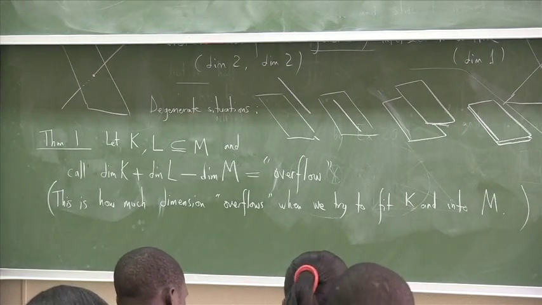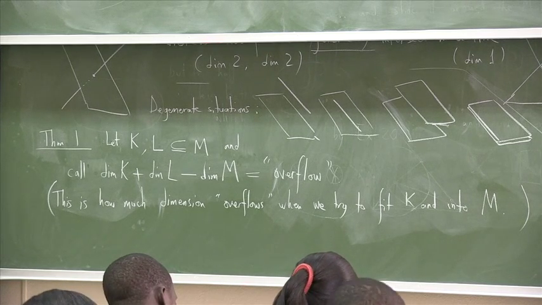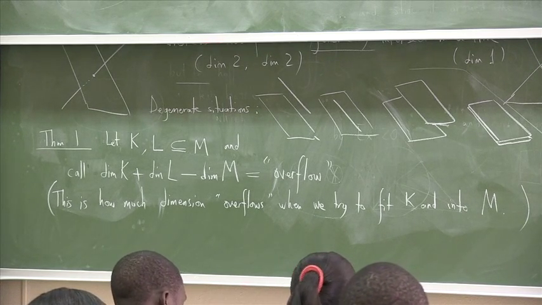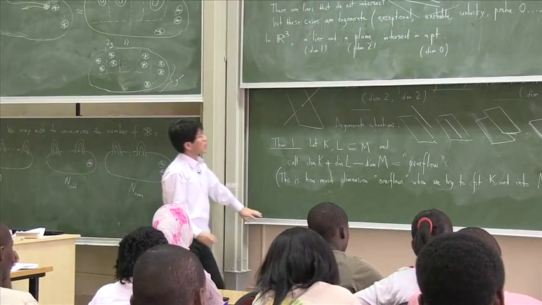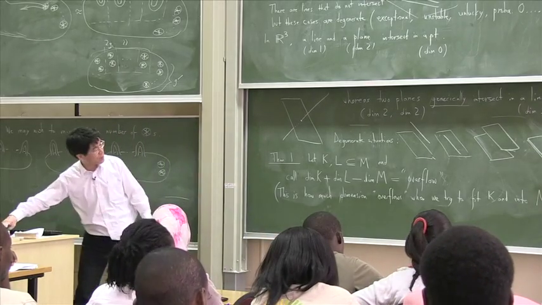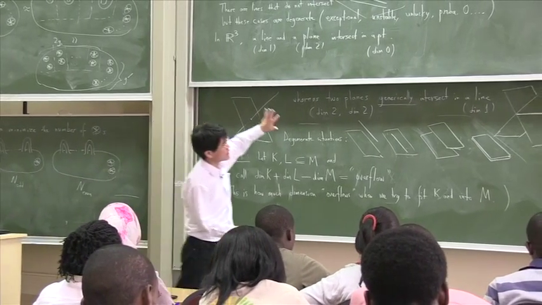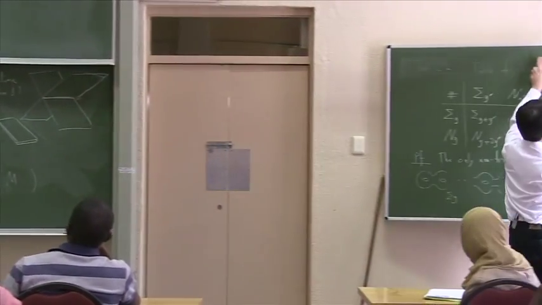That's why it's called overflow. It might be a little strange to think of negative overflow, but when it's negative, that means there's still room. You still have space. Now, okay, I shall have to go there. I'm sorry. I like to state a theorem on the same blackboard, but sometimes I mistime myself.